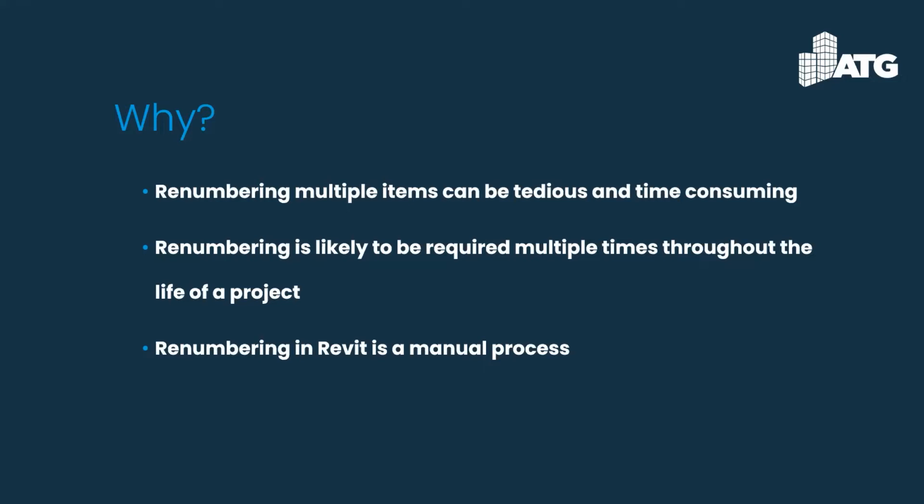And you're likely to run into that multiple times throughout the entire thing. So if you're renumbering rooms or doors throughout a huge project like a hospital or a hotel, this can be very tedious, very time consuming, and take up a lot of your valuable project time that you could be spending on design, or using to get other things done.